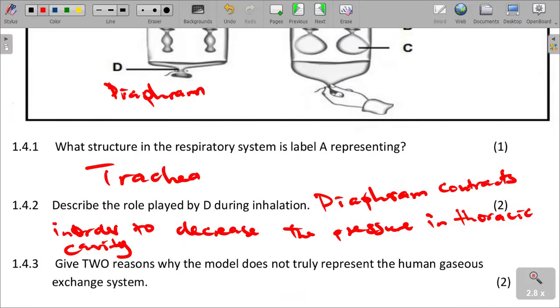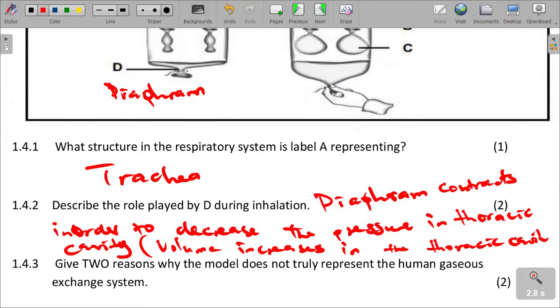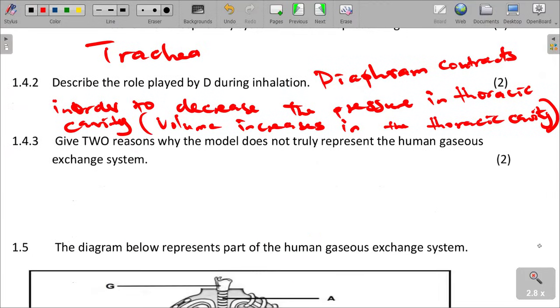One thing you need to know is that the volume increases in the thoracic cavity. Obviously, you can demonstrate this by yourself. Try to breathe in and identify the changes that take place.